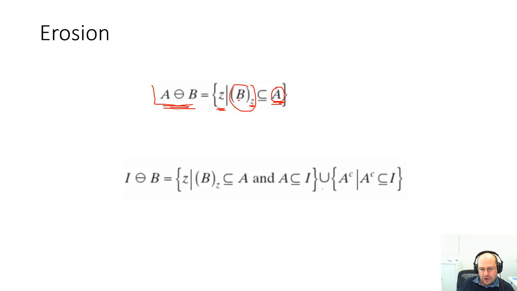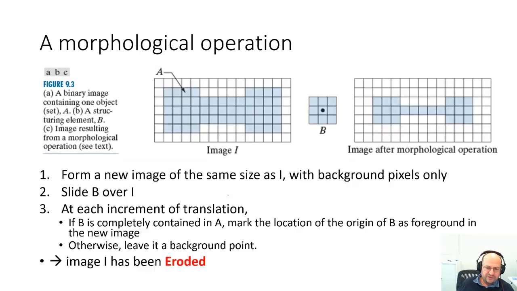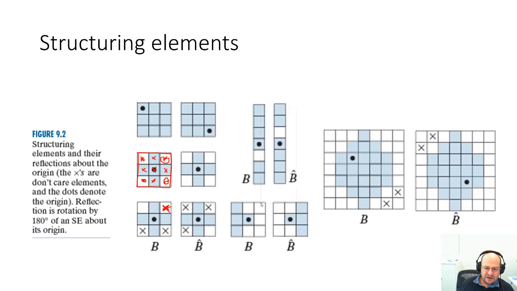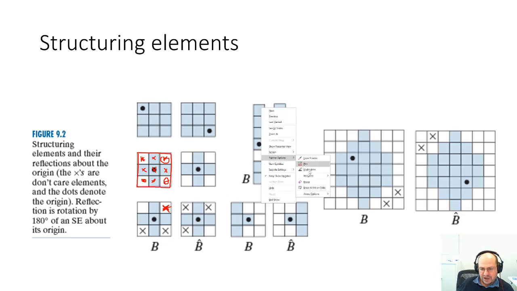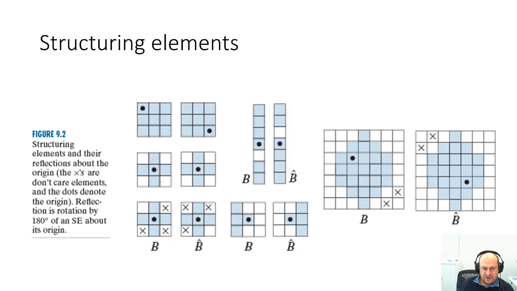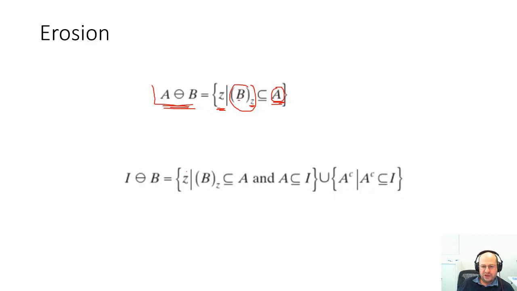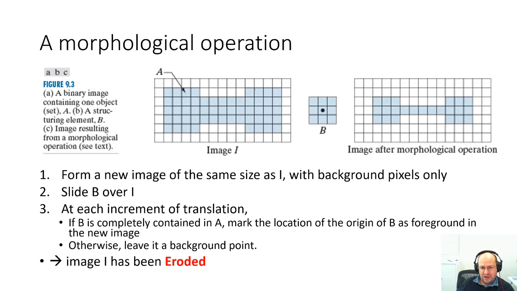So, and this is the longer definition. The definition is then when I have this kind of cases here where I have to take into account background pixels in foreground as well as foreground pixels, and I have to take into account not only the image A, but also the complement of the image A. And you know from your set theory knowledge that the complement of the image A is everything that is background, right?